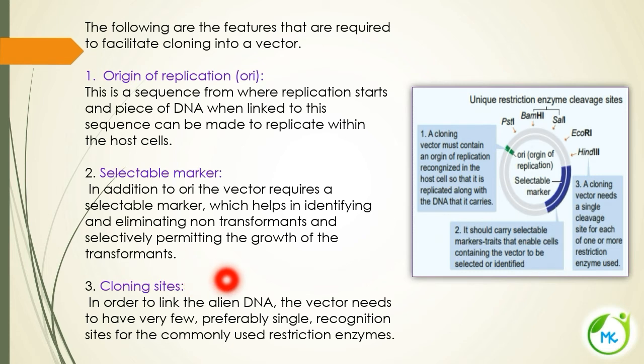In order to link the alien DNA, that is the foreign DNA, the gene of interest, the vector needs to have very few, preferably single, recognition sites for the commonly used restriction enzymes. For a particular enzyme the recognition site is different.